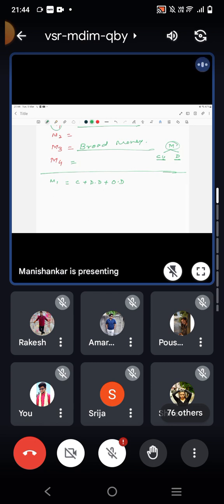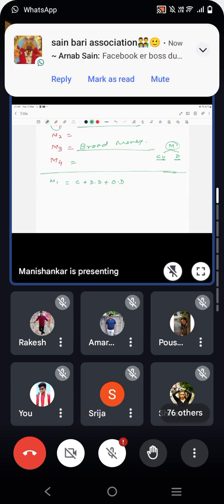Okay, for fixed deposit, time deposit. But for current deposit, anytime you can withdraw. So for this reason, money of current deposit is just like liquid money. So these are narrow, that means a liquid form. Anytime you can withdraw.